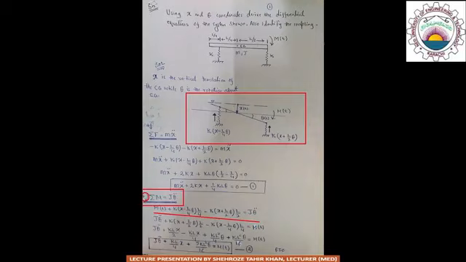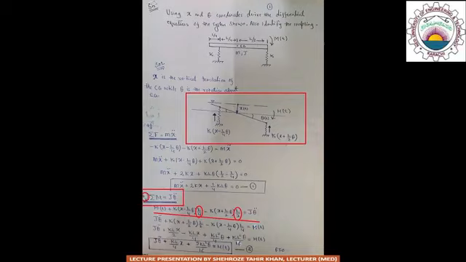After multiplying these forces with their corresponding moment arms, that is L by 4 and L by 2 respectively, we get the moments for this system.